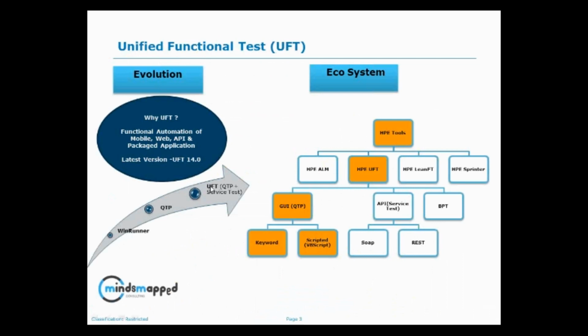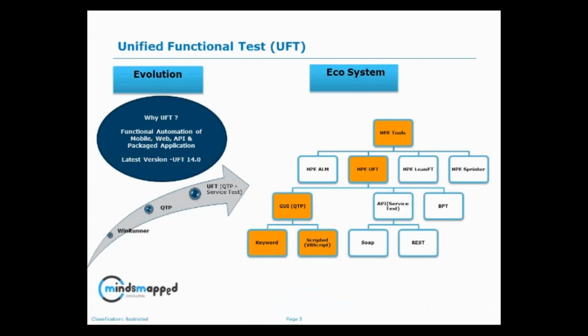UFT is a combination of 2 tools: HP had Service Test, which is helpful for API testing, and we had QTP. In UFT, they combined these 2 tools into one tool where you'll have the feature to have both GUI and API actions in the same set.